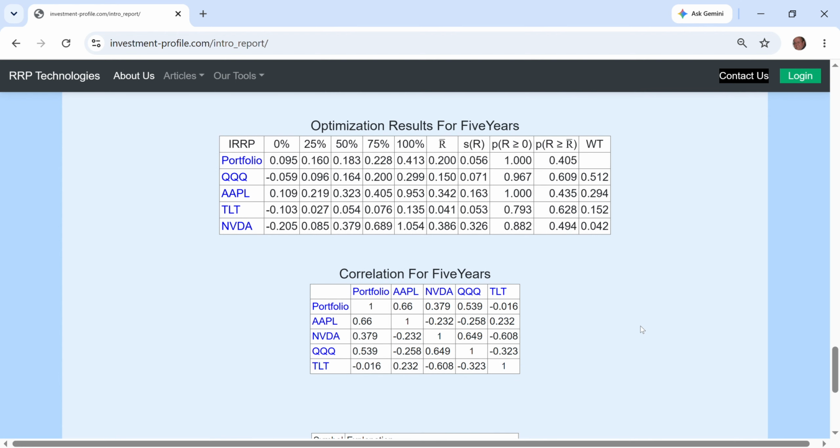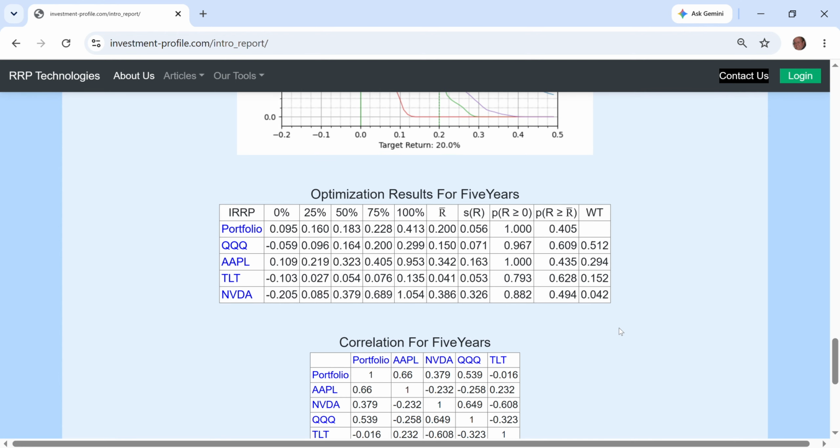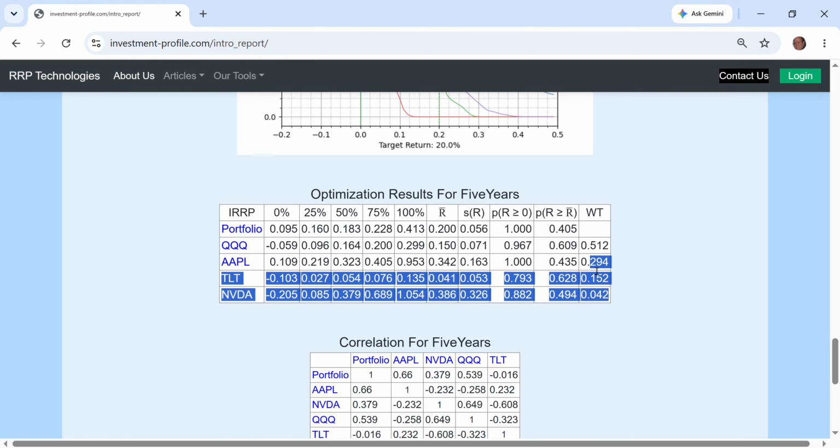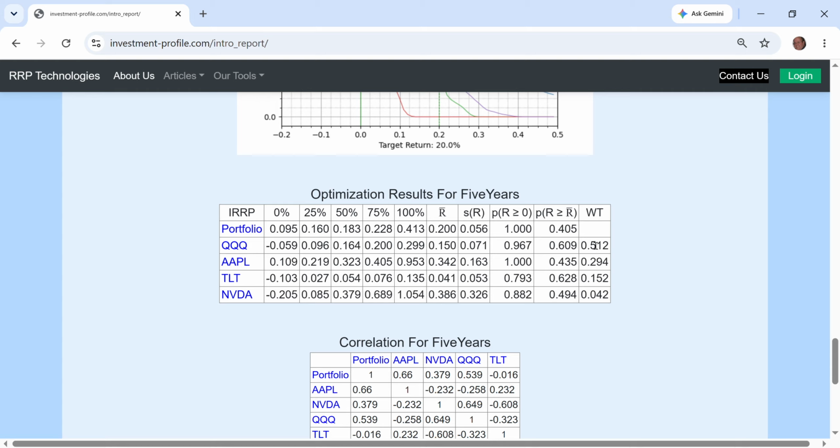So moving down to this table, you see that again the allocation of the securities is arranged from highest to lowest as you look down the rows. And again, the optimizer was able to achieve a mean return of 20%.